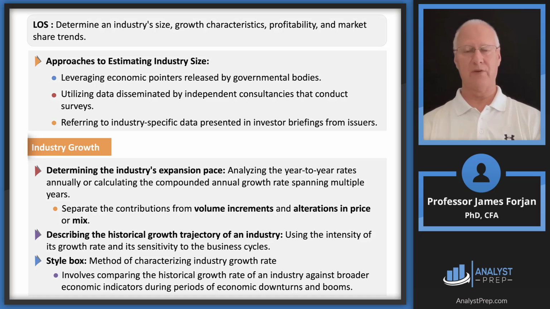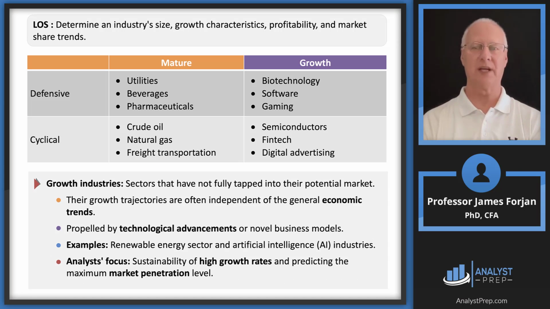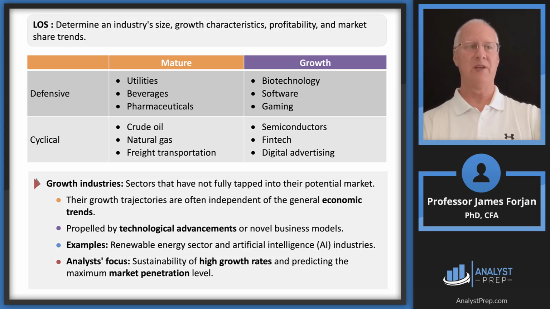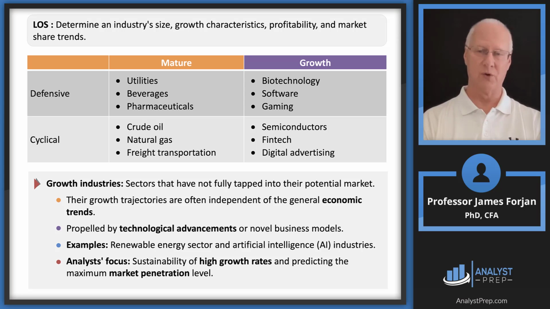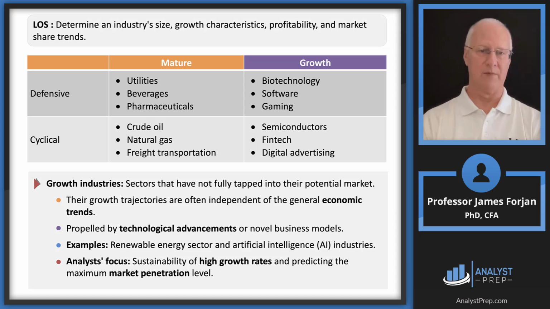What you can do is something that Morningstar does, that you guys are aware of. Bloomberg does this. Everyone out there puts some kind of a style box together. So if we lump these into non-cyclical or defensive stocks and cyclical stocks, we can have mature or growth firms. And there we go. We've lumped some of those in there.